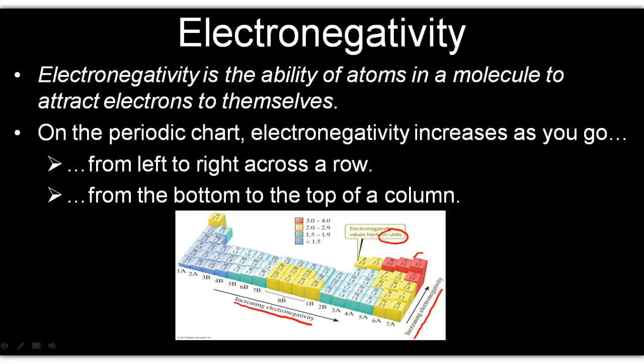Fluorine is given the arbitrary value of 4, and everything else is relative to that. Just notice these top right-hand elements. Nitrogen and chlorine both have a value of 3.0. But remember, when we get to hydrogen bonding, we really are focusing on just the top 3, and it has mostly to do with the size of the atom. Okay.